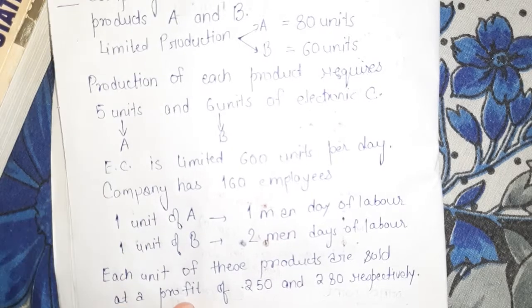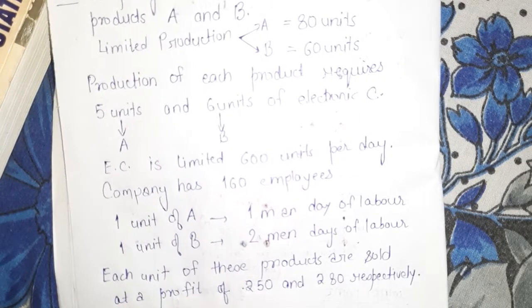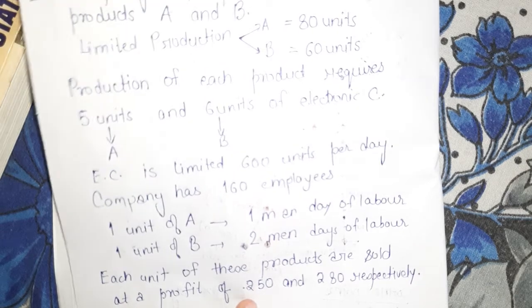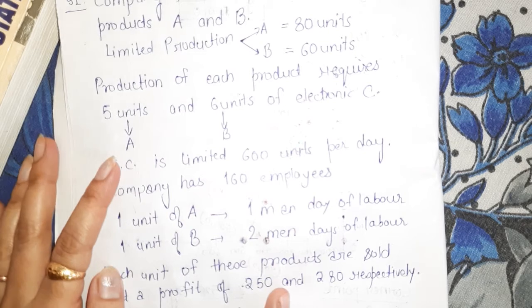Means by selling a unit of product A, you earn a profit of rupees 50, and by selling a unit of product B, you earn rupees 80 profit.